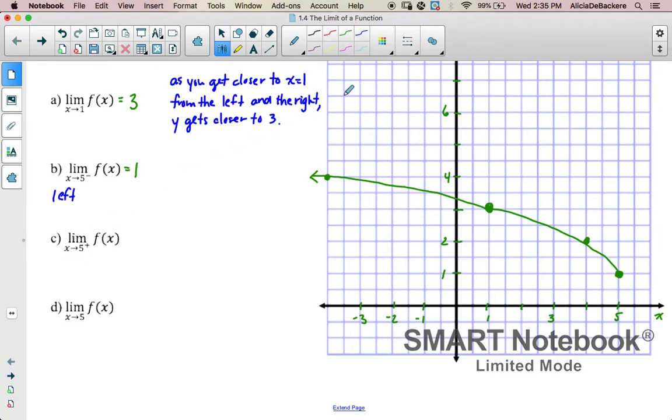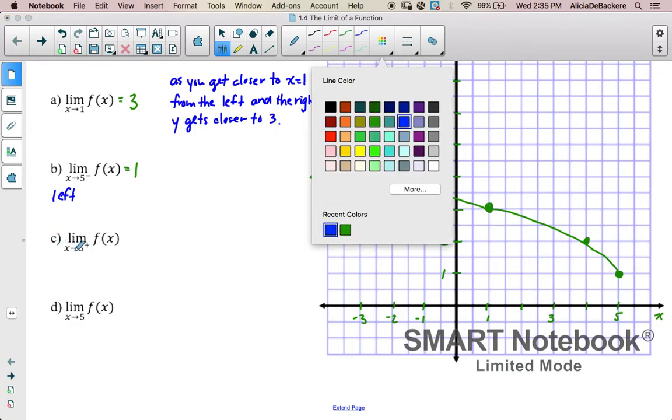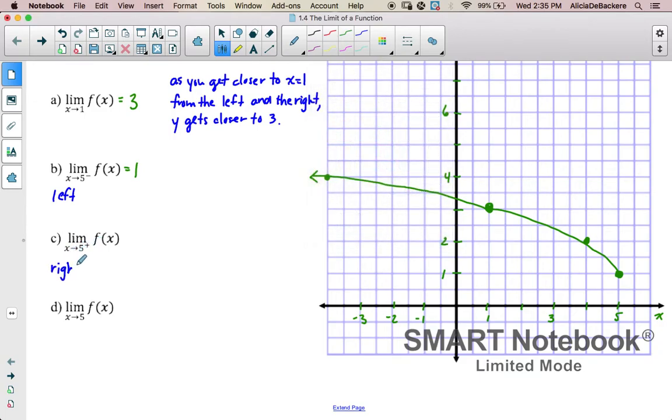Now the next question here is asking about what happens as x approaches 5 from the positive side, or the right side. And what you notice here is from the right of x equals 5, the function just doesn't even exist. Right?